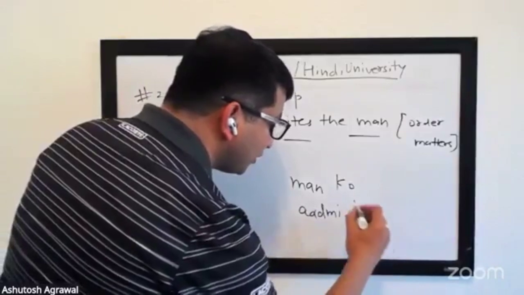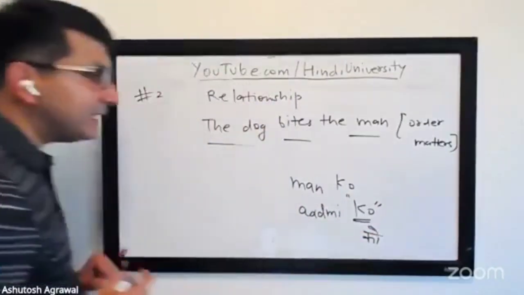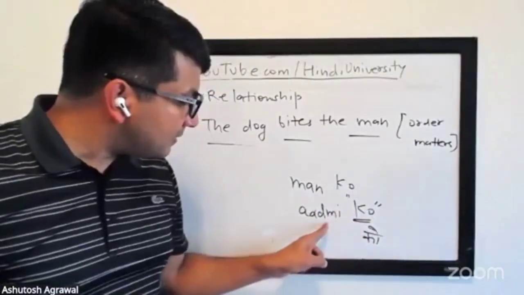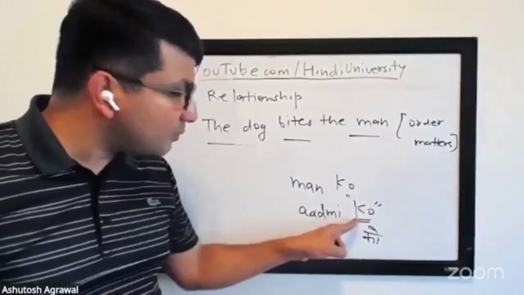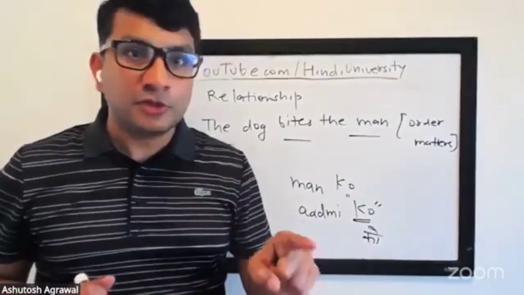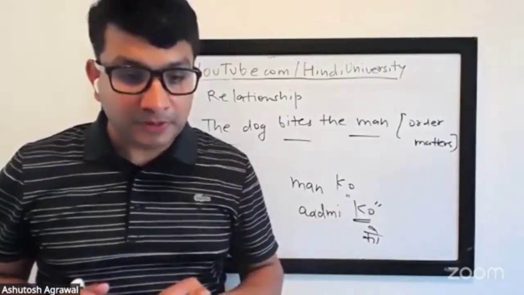And this is the new word you will see here, आदमी को. So when you read a sentence and you see a noun followed by ko, it gives you the clue that he's the recipient of some sort of verb, right?